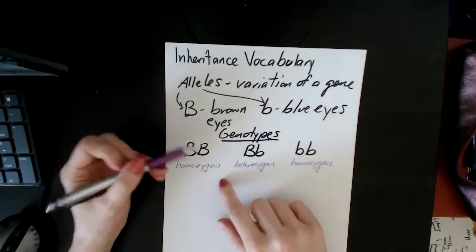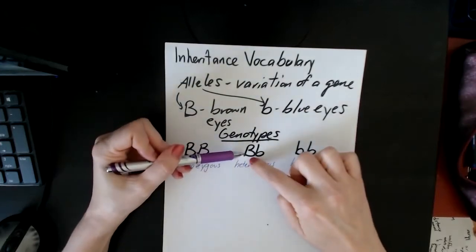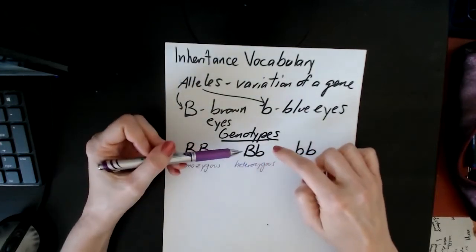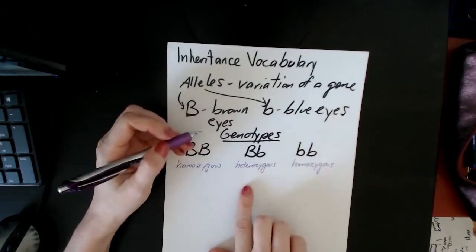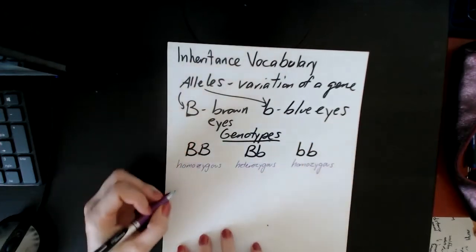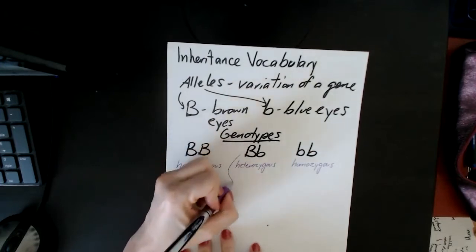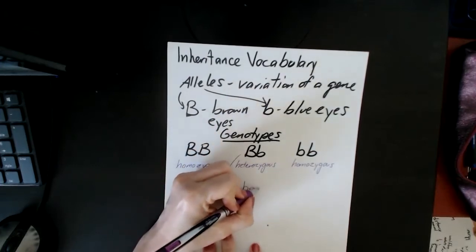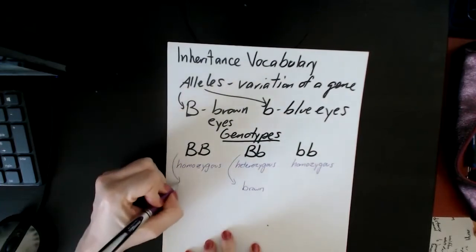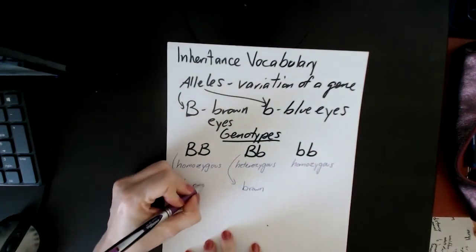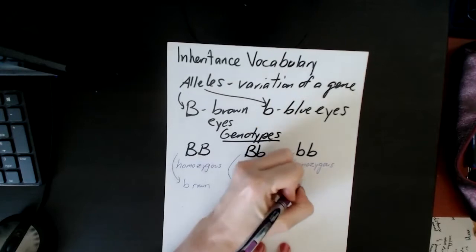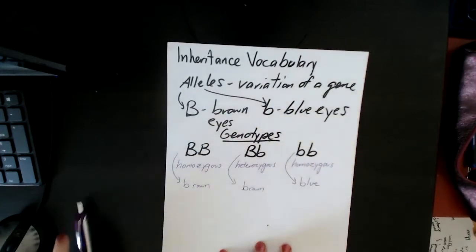Now, if you have one big B and one little b, what color will your eyes actually be? They will be brown. So this genotype means that you will have brown eyes. This genotype means you will also have brown eyes. And this one means you will have blue eyes.